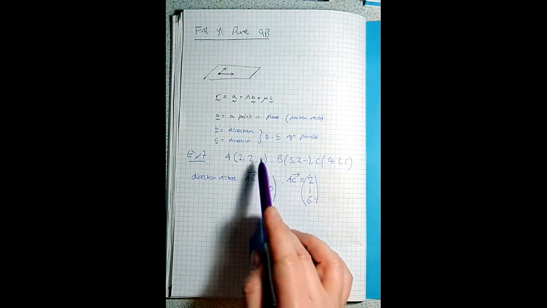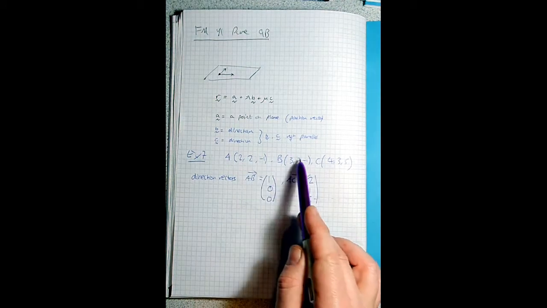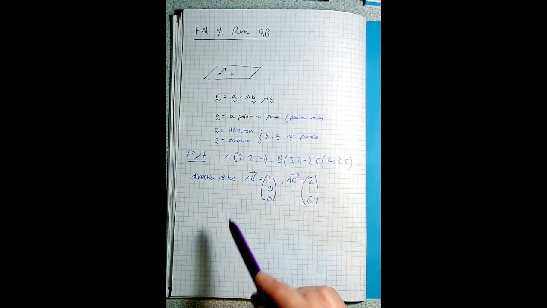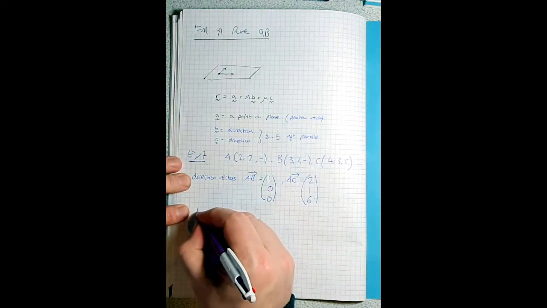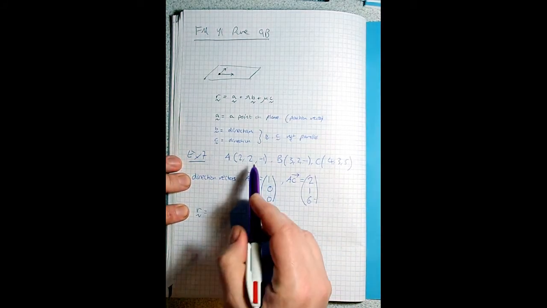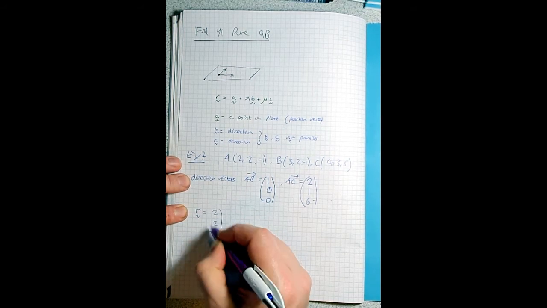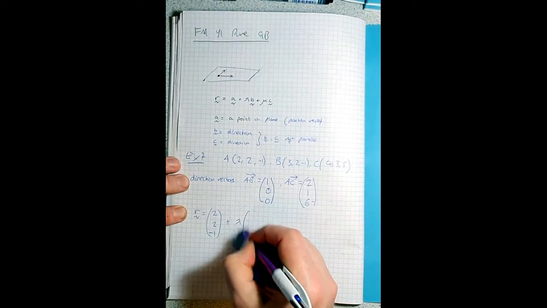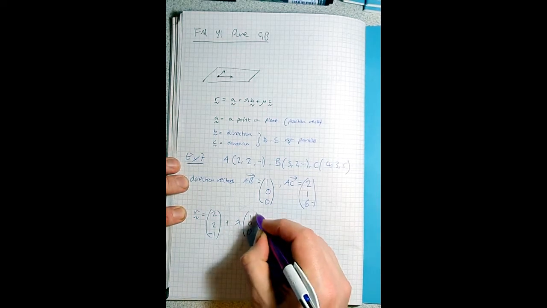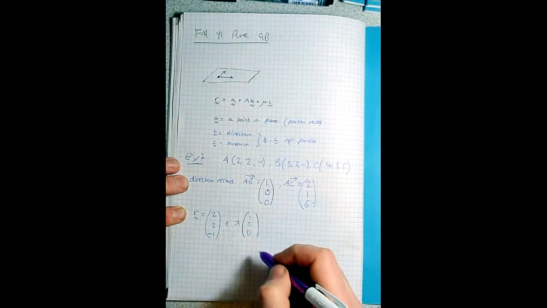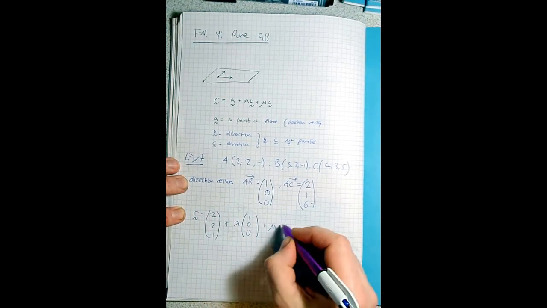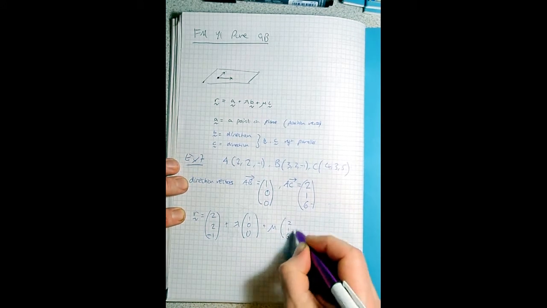I can use any of these as my position vector. So for an equation, I'm going to use the position vector of A: 2, 2, minus 1 plus lambda 1, 0, 0 plus mu 2, 1, 6.